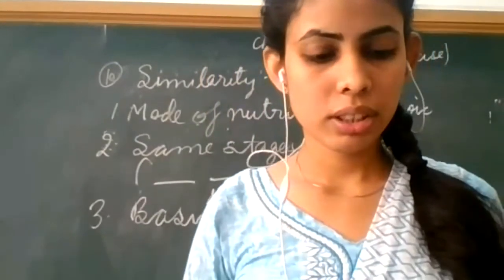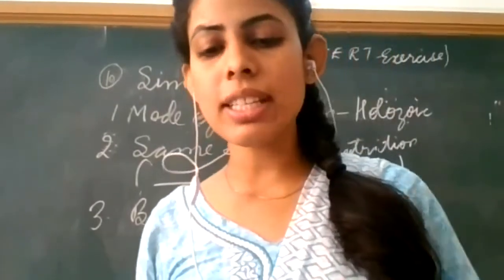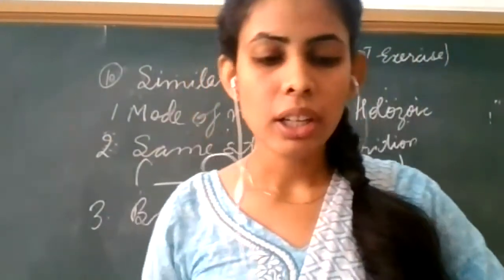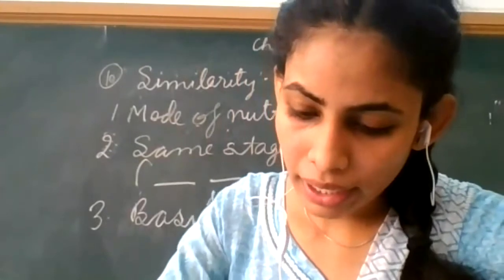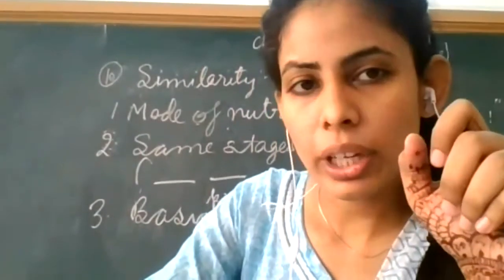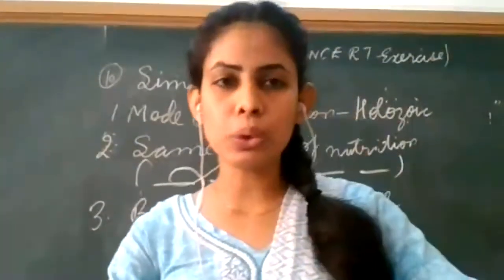Ma'am, what will be the definition of esophagus? So esophagus is just like a tube that is 25 to 30 centimeter long. It contains muscles. Therefore the muscles help in the movement of the food.